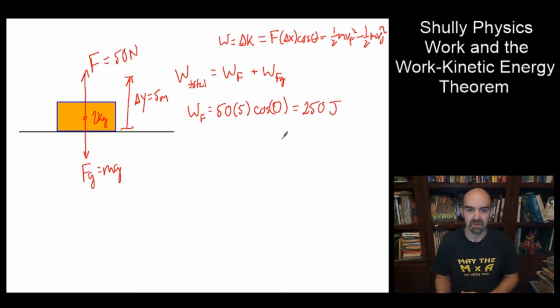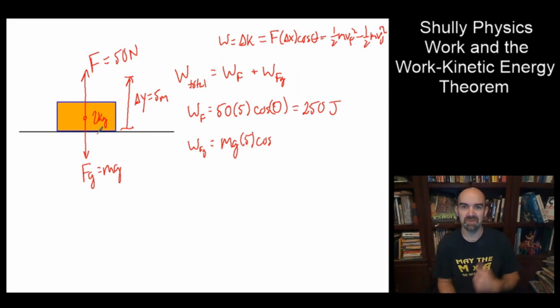So there we go. And what about the weight? All right, let's check that out. What's the work done by the weight force there? Well, that'll be mg times 5 times cosine of, oh wait, the weight force is opposite. It's in the opposite direction as the lift. So that would be a 180 again. This is going to be a negative work done.